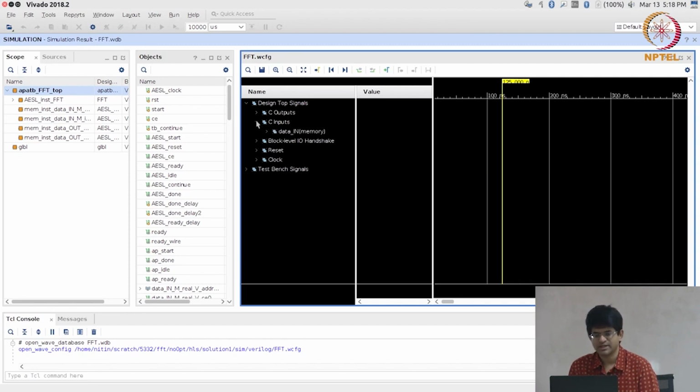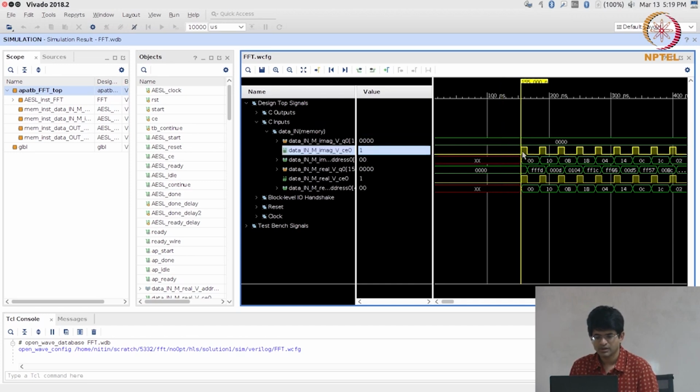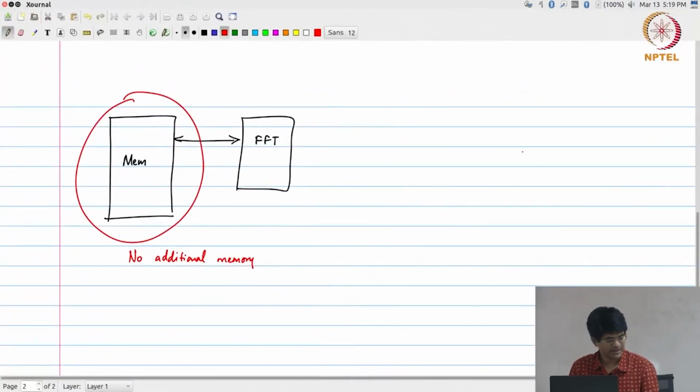Now let's look at the C inputs. This is interesting. What this is showing you is the data underscore in, which is a memory interface. Okay. You can see that there are a lot of these yellow up and down squiggles over here that correspond to the chip enable signal going out to the memory block, right. So there is a data in address and a data in data coming back, right.